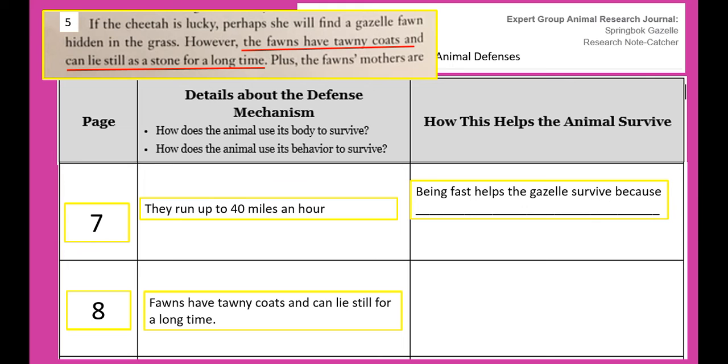So we're going to fill that in the middle column, the detail about the defense mechanism, and then after we complete that, then we'll do the last column. Pause the video now so that you may have time to complete this in your research journal.